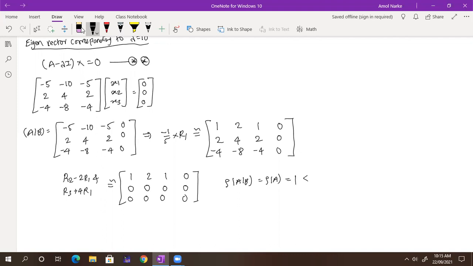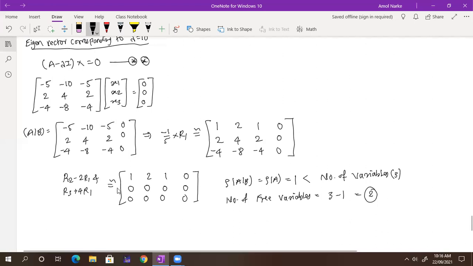which is less than the number of variables. You have 3 variables. So what is the number of free variables? 2. Correct. You can calculate it by total variables 3 minus 1, that is nothing but 2.